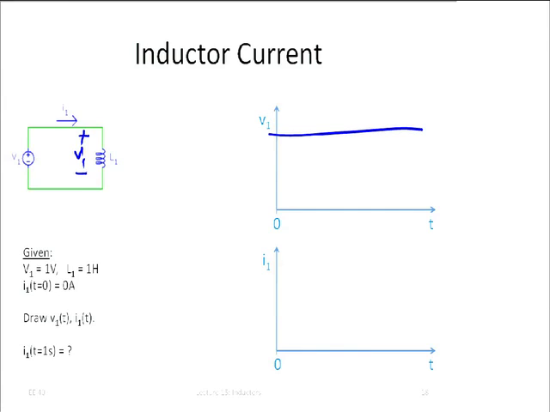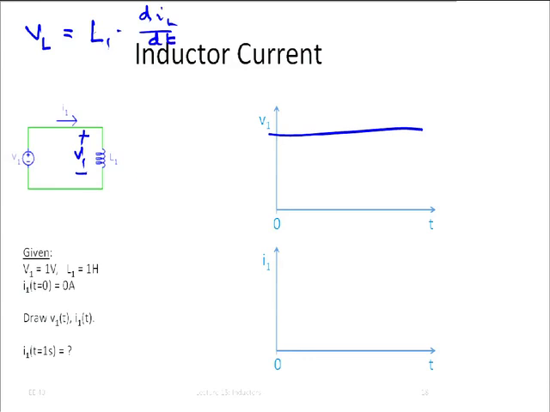It's not called Ohm's law, but the voltage across the inductor is equal to the inductance times di/dt, the derivative of the current through the inductor.